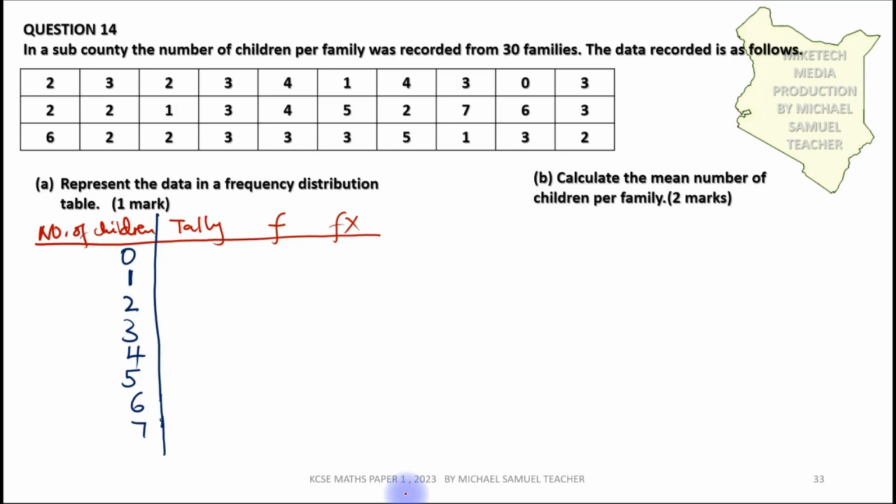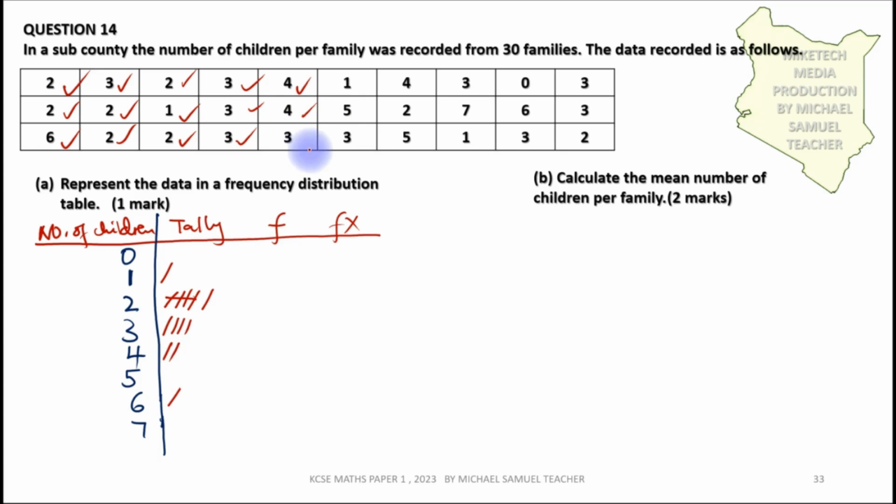So we can start. We have 2, put a tick, another 2, tick, we have 6, tick, 3, put a tick, 2, there are 2, so we put those ticks. There's another 2, tick, 1, tick, 2, a tick, 3, 3 times, then we have 4.